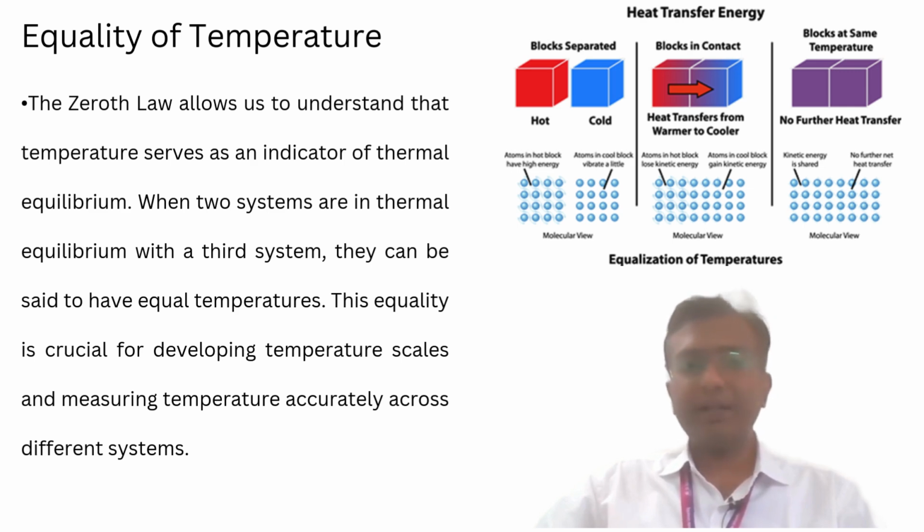These fixed points, defined using the zeroth law, allow us to calibrate thermometers and establish consistent temperature scales. Without the zeroth law, we would have no consistent, objective way to measure and compare temperature across different environments or with different instruments.